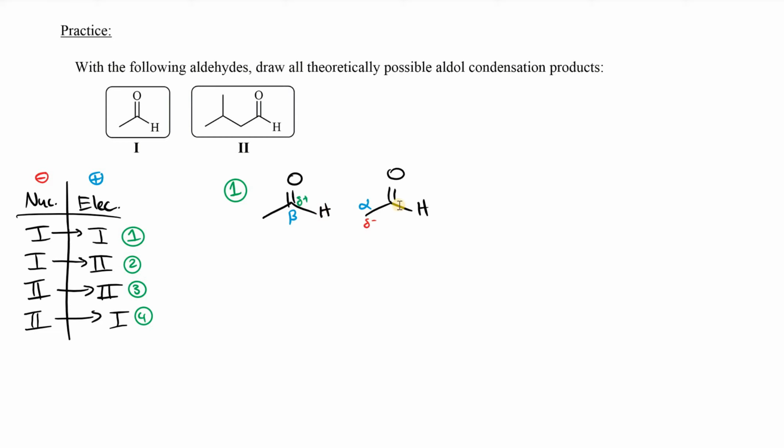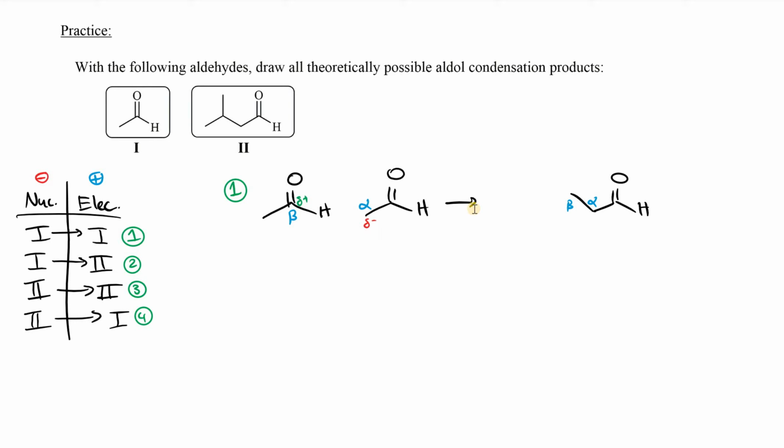Now based on this, we can very quickly draw the full condensation product by using method 1. So as the nucleophile, the carbonyl oxygen is undisturbed. So let's draw the aldehyde, which is a part of the nucleophile. And let's draw an alpha-beta bond, because that is the requirement here.